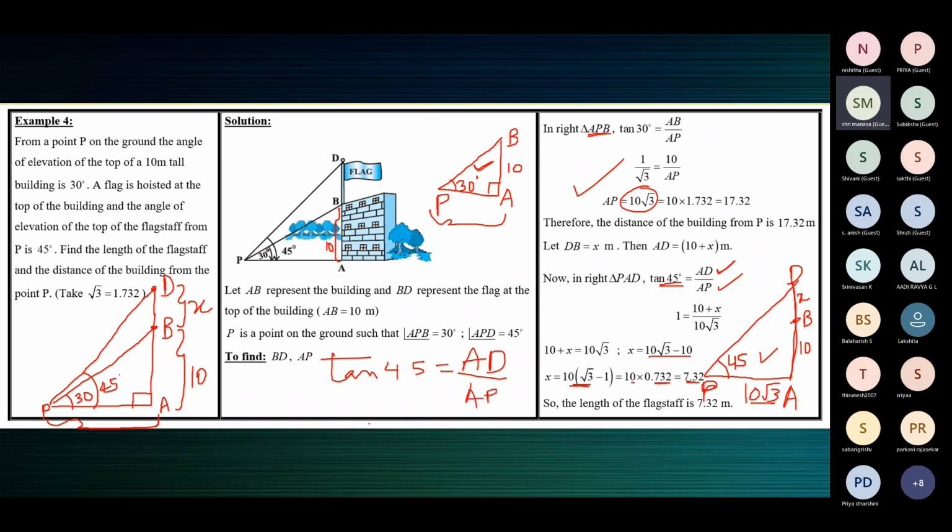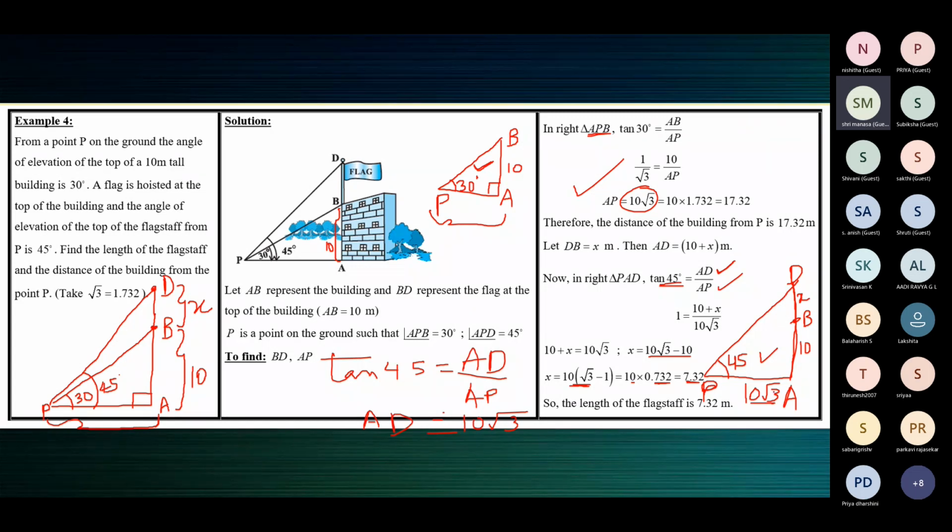So you'll get AP is equal to AD, right? Yes, ma'am. So you'll get AD is equal to AP. And what is AP? AP is 10 root 3. 1 is equal to AD by AP, so on cross multiplying we get AD is equal to AP. AP is 10 root 3, so AD is also 10 root 3.